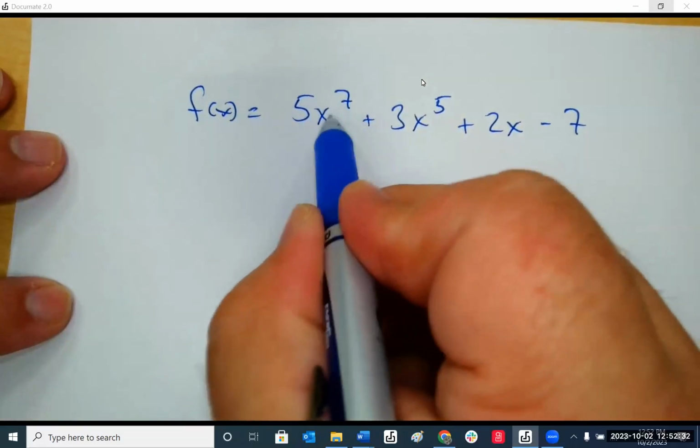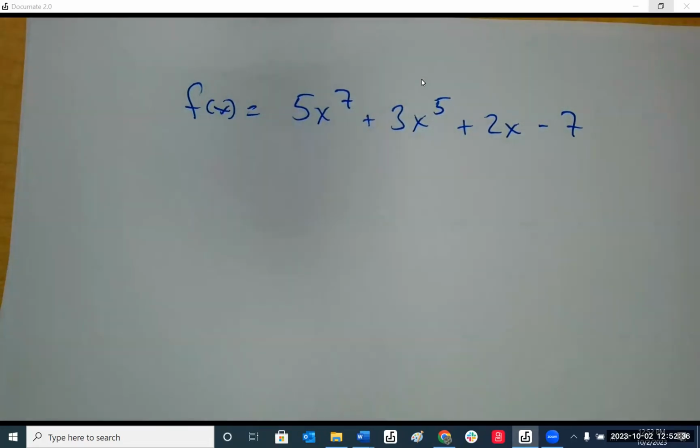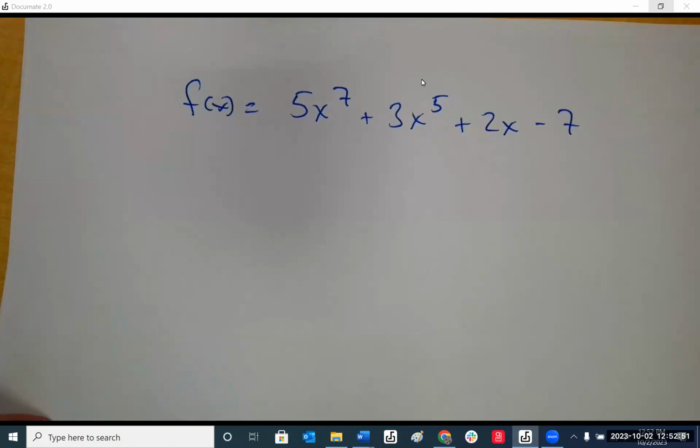Imagine doing this x plus h 7 times: x plus h times x plus h times x plus h. That's going to be way too much. So we have to come up with shortcuts. That's what's next on our agenda, because we're going to learn much faster ways to do this. It's going to leave everything else in the dirt.